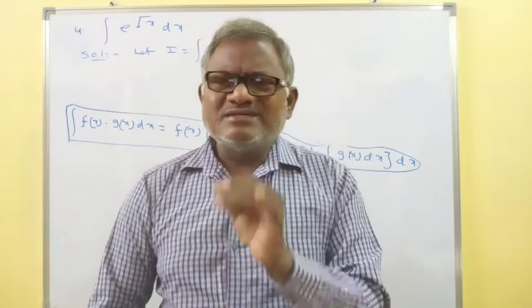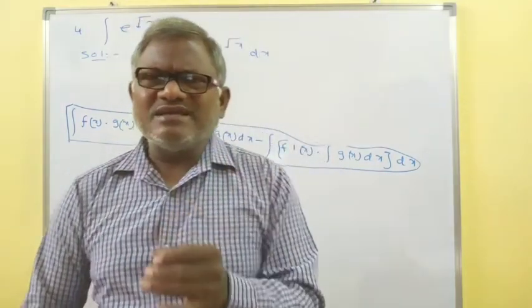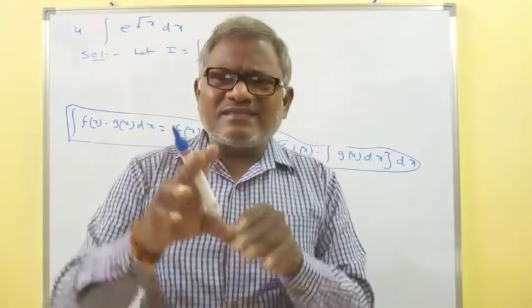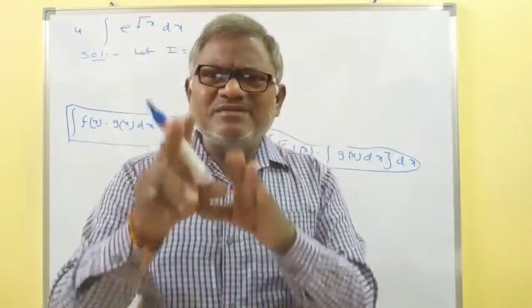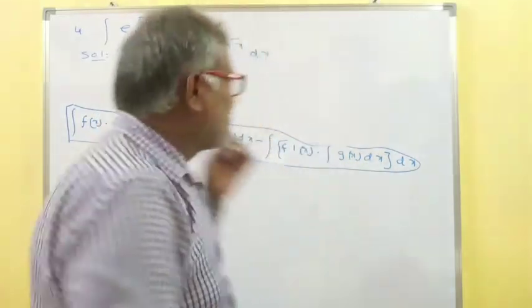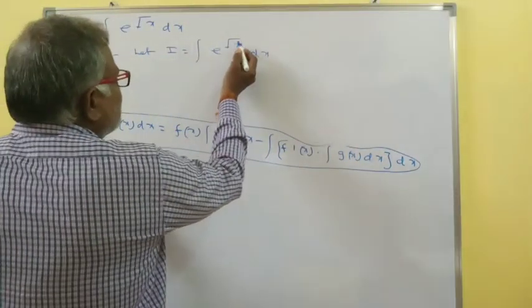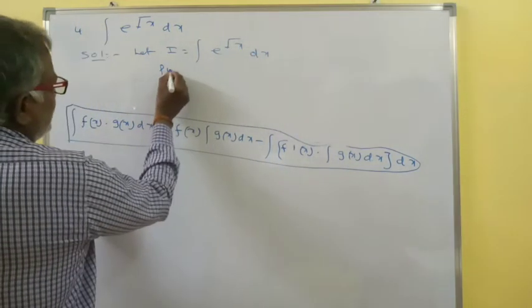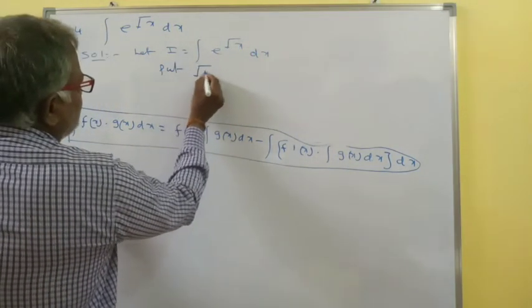Root x. So in place of x, another function is there. Just put that other function as t. So remember, here instead of x, root x is there. So you should put root x is equal to t.